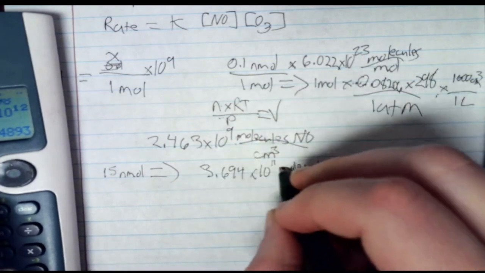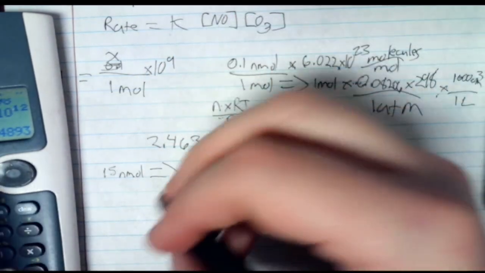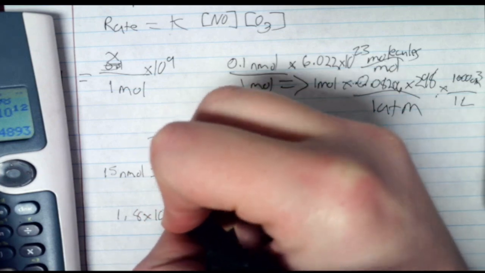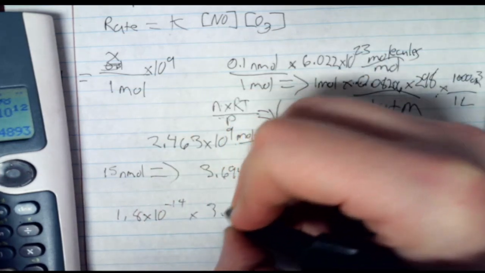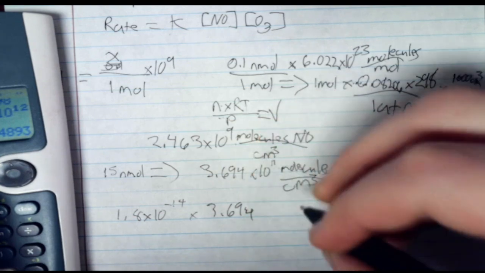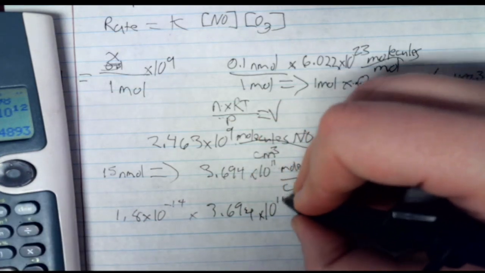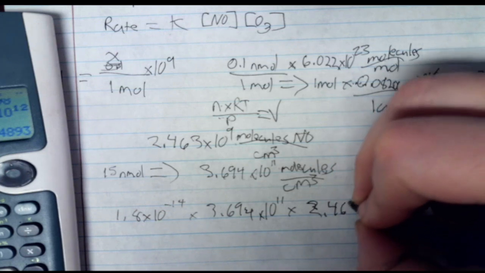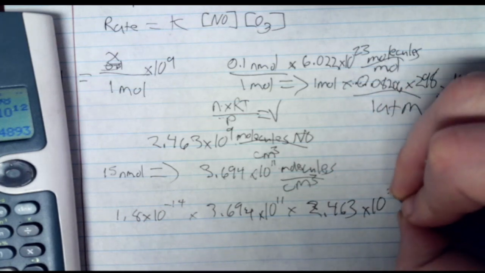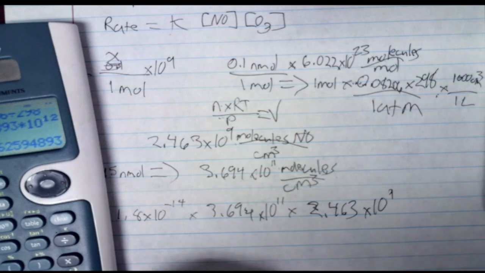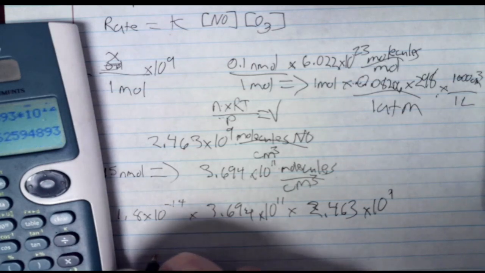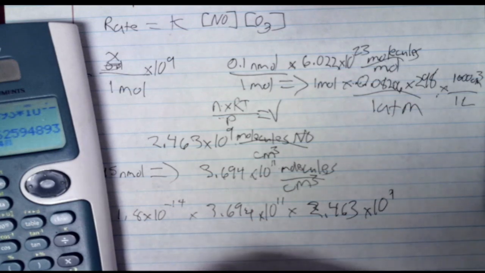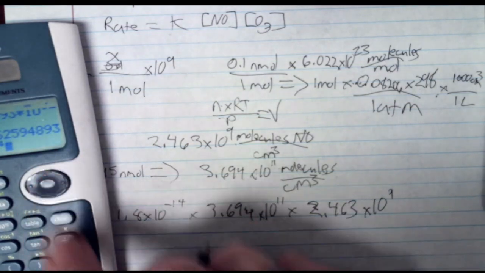So plugging these in with our K: 1.8 times 10 to the negative 14th times 3.694 times 10 to the 11th times 2.463 times 10 to the 9th. All this is going to give us units of molecules per centimeter cubed per second.